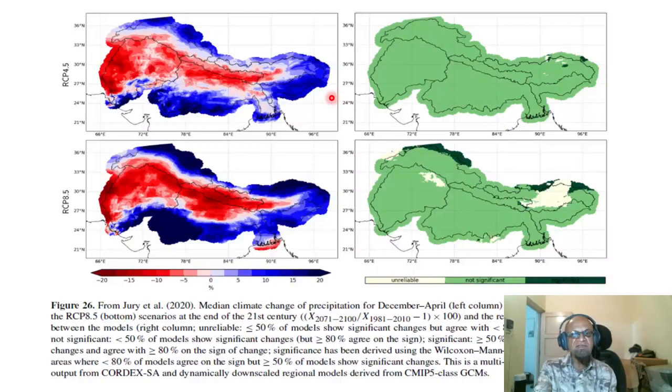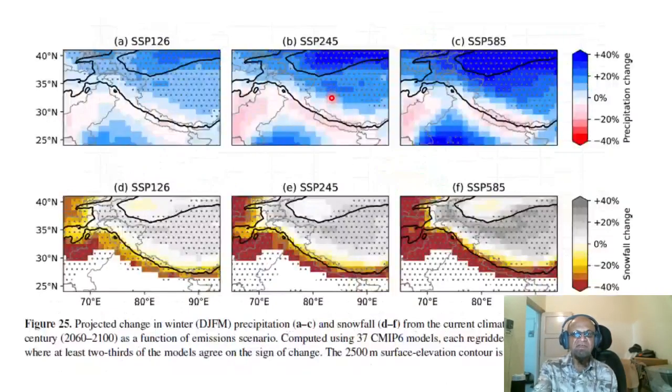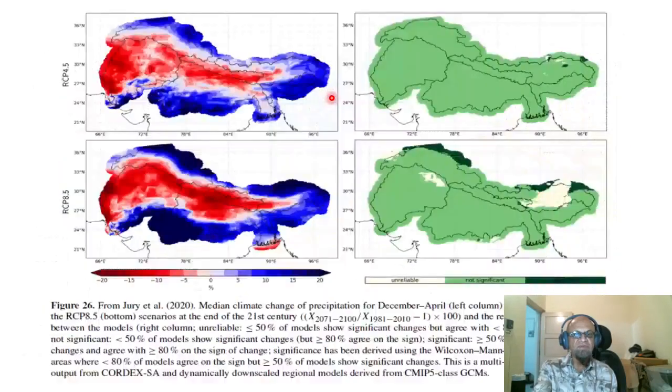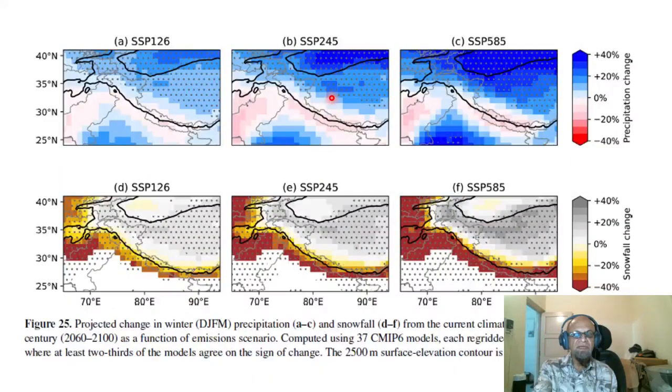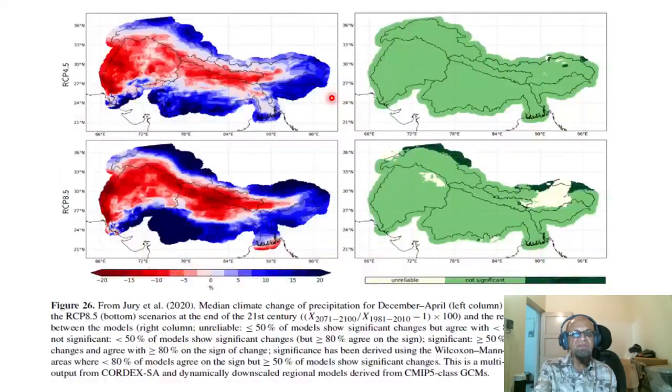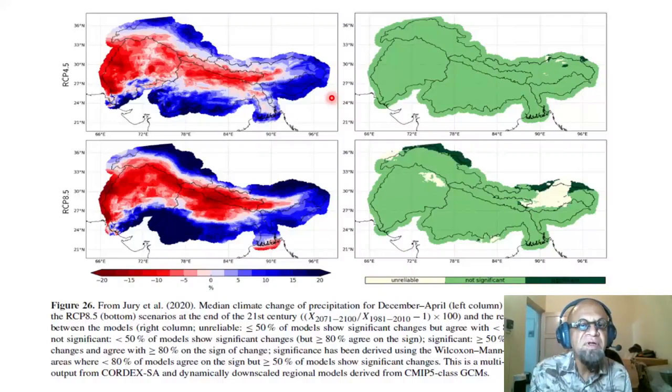From Jury et al., this is median climate change of precipitation, December to April, under RCP 4.5 and RCP 8.5, and you can see the differences here. Right? So similar regions, but very different results. The map is zooming in differently.